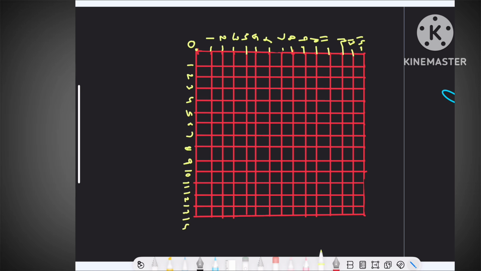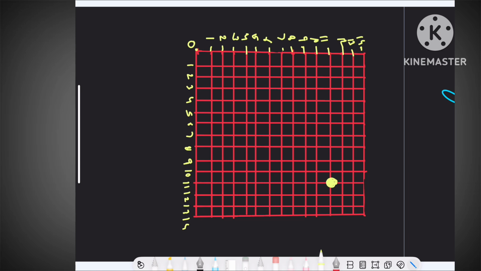Okay, so if you want to place a point here, what would we say? Where is this point? This point is 11 centimeters far from the y-axis, and here 11 centimeters far from the x-axis.